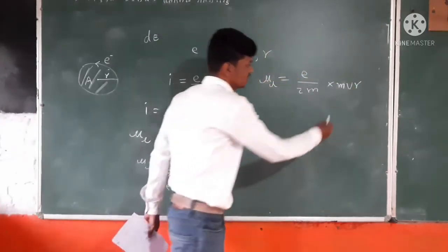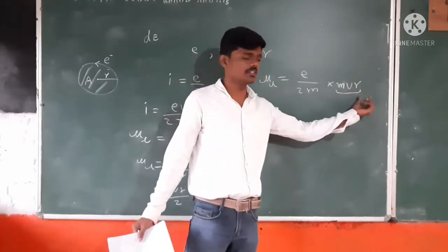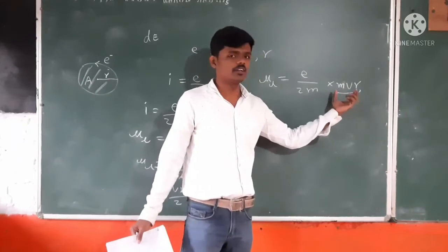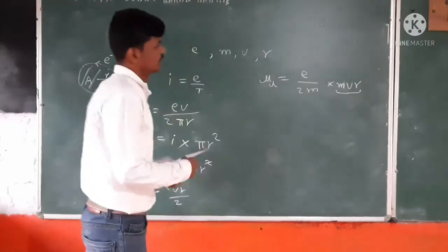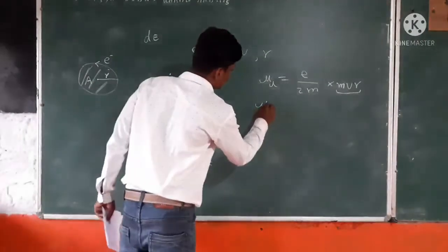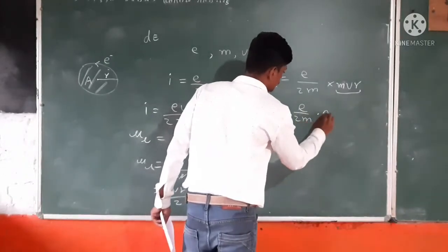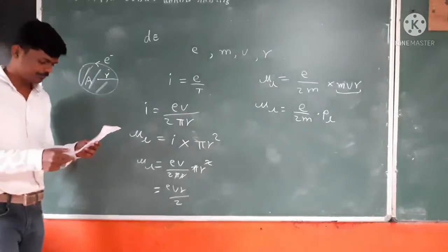Now here we can see m v r is nothing but momentum times radius, that is the mechanical moment or orbital angular momentum. So this is the mechanical moment of that electron. So we can write mu L is equal to E by 2m into P L. P L is nothing but mechanical moment.